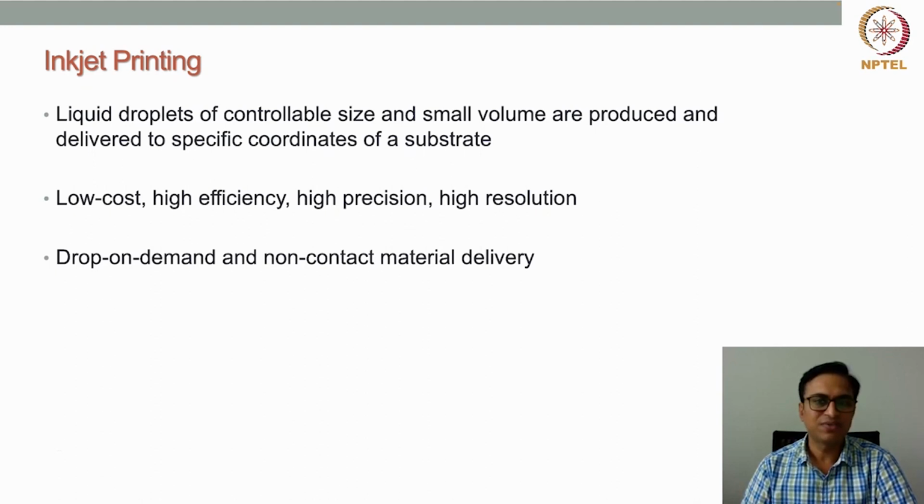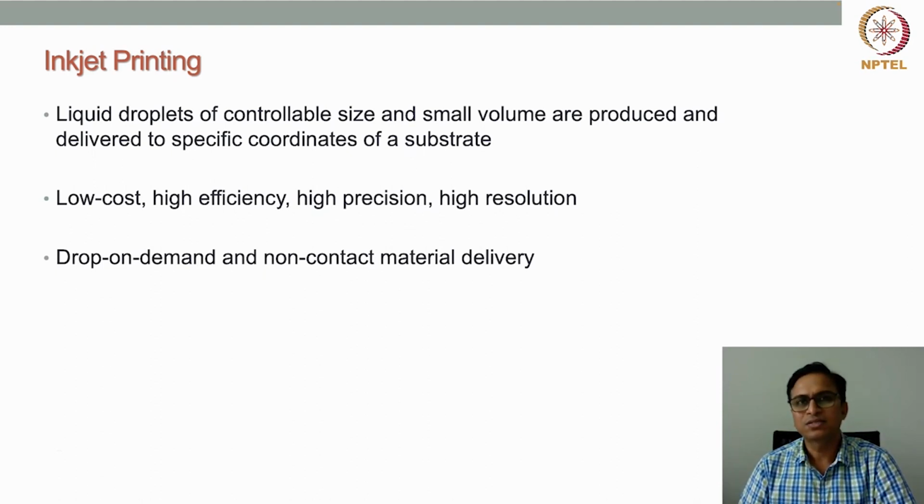So this is a very efficient technology, very high throughput technology, and it's highly precise because droplets of controllable, repeatable or reproducible size can be easily produced with this technology, and various types of biomaterials or pharmaceutical formulations can be used for generating droplets so that we can use them for our printing purposes.